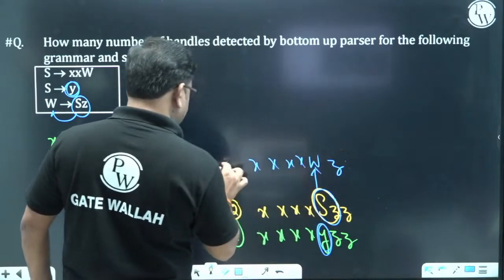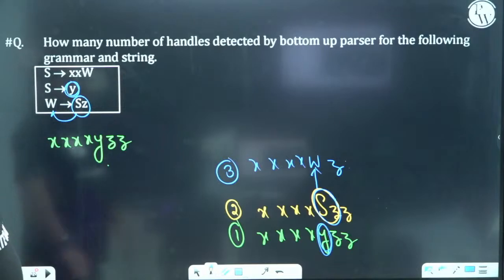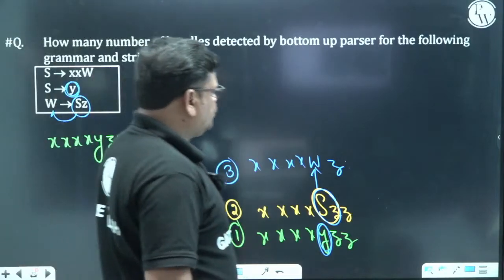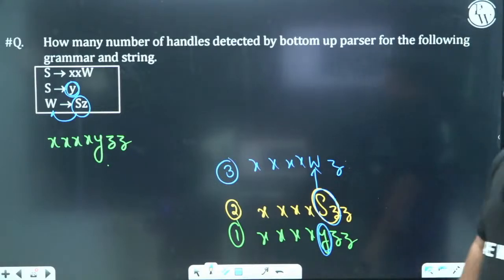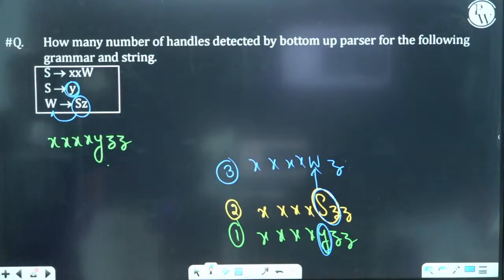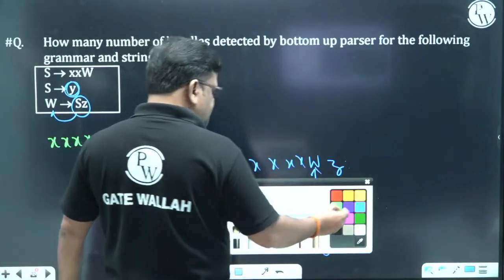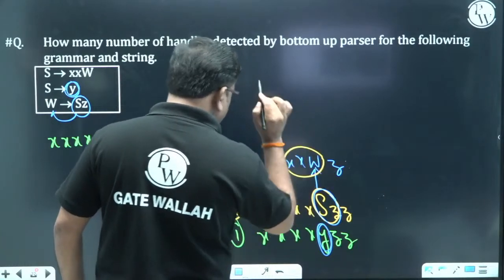This is our third step, step number 3. Very good. At step number 3, which one is the handle? The substring that completely matches with the grammar right side. This one.